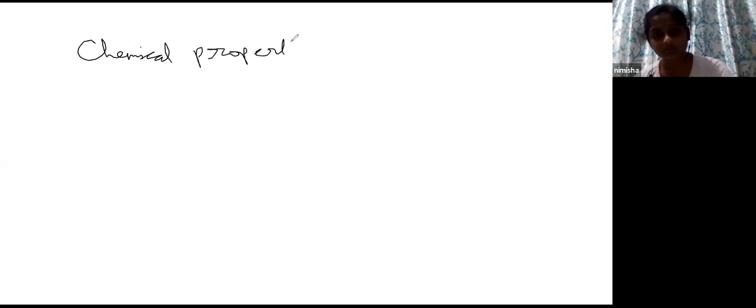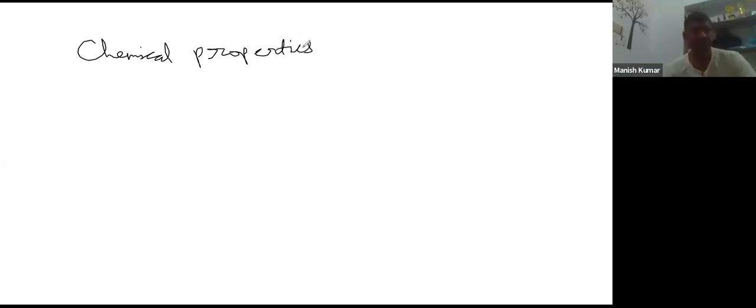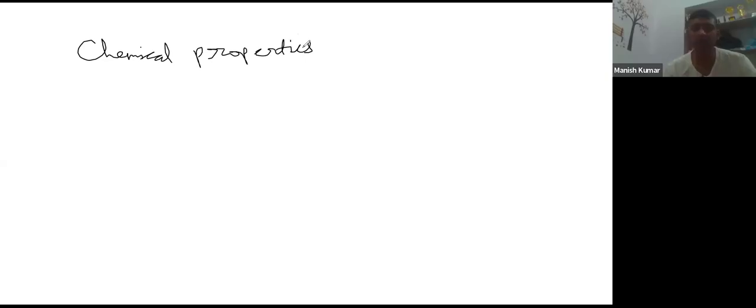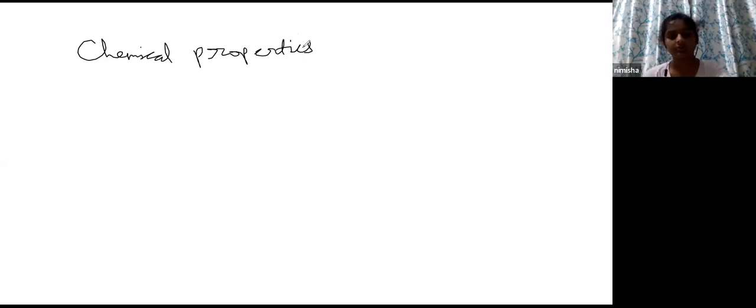Now chemical properties. Have you seen the chemical properties of metals and non-metals, Nimisha? What have you learned in chemical properties? Like magnesium plus oxygen equals magnesium oxide. Metal reacts with oxygen, then it becomes what? Metal oxide.